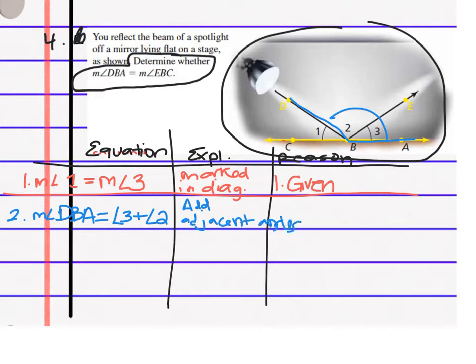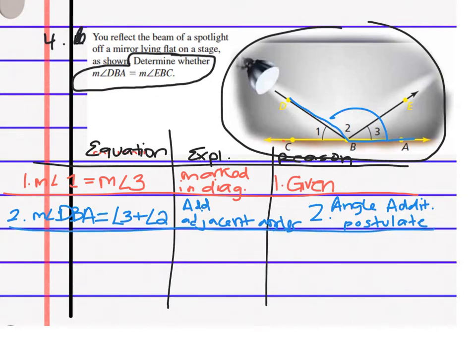And I don't know if you remember this from I think section 1.5, that's your angle addition postulate. When you add two angles, it's equal to the sum. Okay.